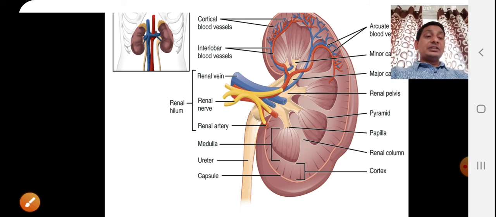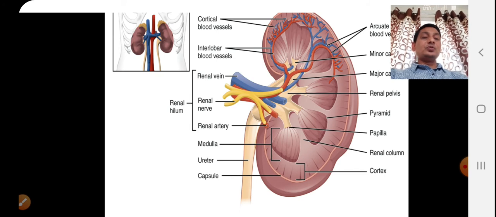The second part is the collecting tubule. Many such tubules unite to form the ducts of Bellini, which open into the minor calyces through the summit of the renal papillae. This is the coronal section of the kidney.